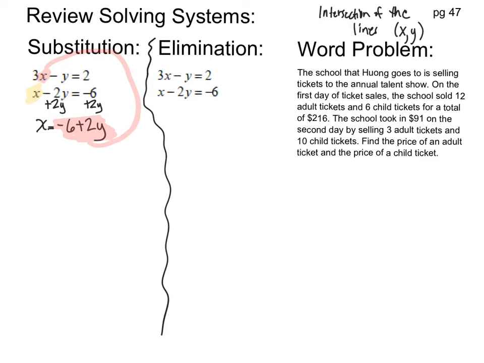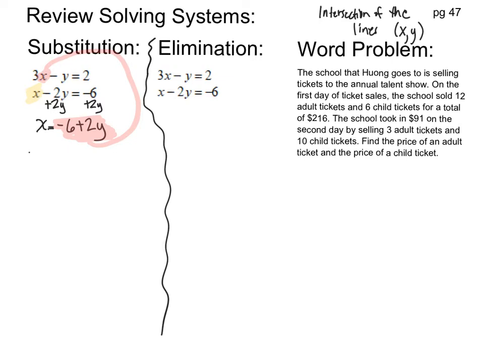I remember when I learned how to do this, one big mistake that I would make myself is that I would substitute -6 plus 2y back into that yellow x that you see highlighted, and that's wrong. You don't do that. You have to substitute it into the other equation. Back when I did this, it was called simultaneous equations. It wasn't called a system. So anyway, I'm going to substitute that -6 plus 2y in.